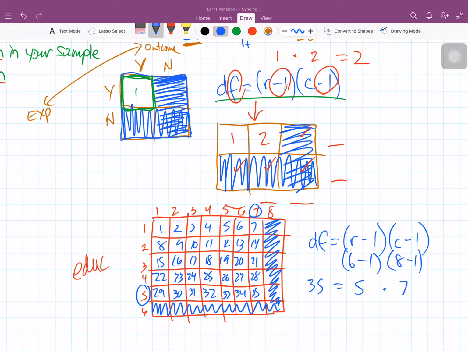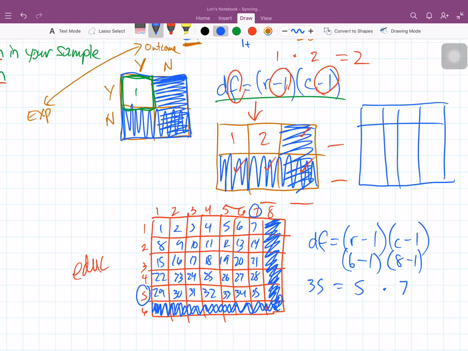So either way you do it conceptually, I physically use either a pencil or cover up a row with my finger. If you were given something that's not quite so unwieldy and covered this up, you could see, oh, okay, there's 9 degrees of freedom. A 4 by 4 table has 9 degrees of freedom.